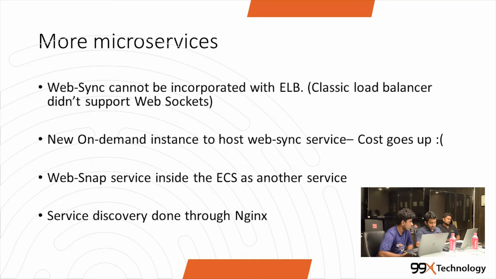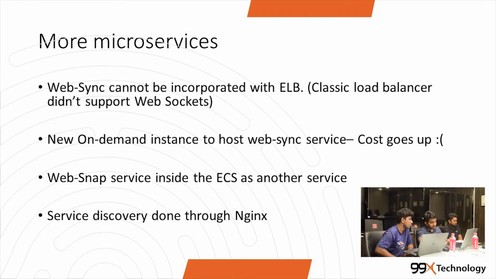Now Ramesh, unfortunately, we couldn't plug these microservices into our ECS. The reason is this. Let me go back to my previous architecture. I told you we were using a load balancer by then, right? The old load balancer that AWS provided did not support the WebSocket protocol. It operates on layer 4.